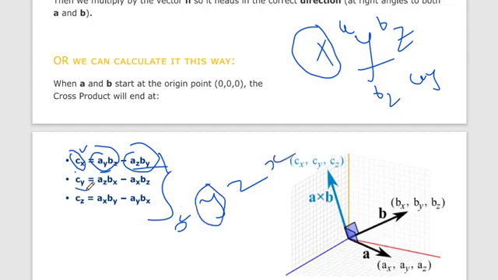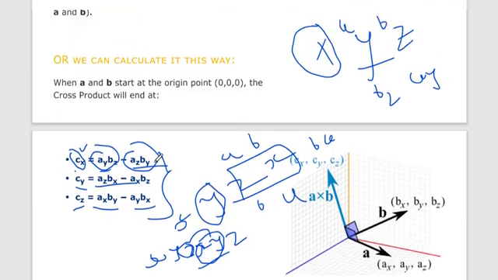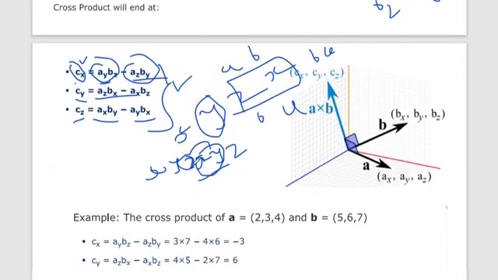If you want to find y, here az bx minus ax bz. Or let's say if you want to find z, then we take the next two, x and y coordinates: ax by minus ay bx. So these are two different methods to calculate the cross product of two vectors.